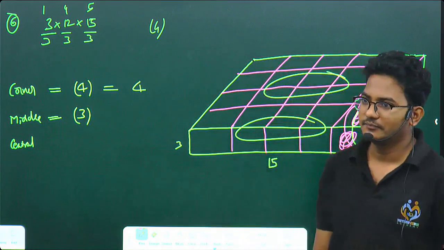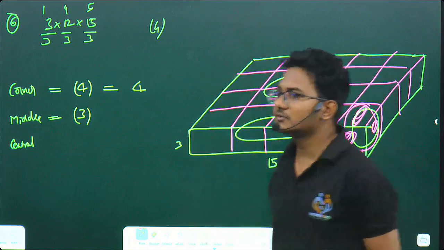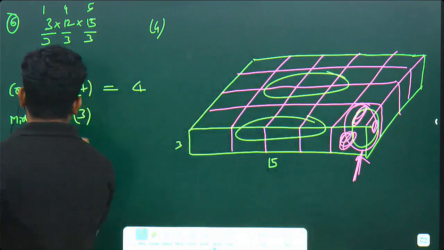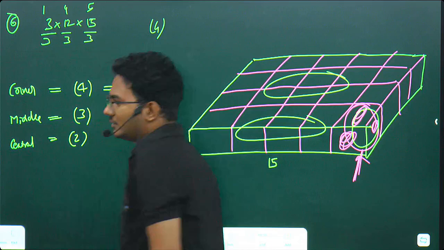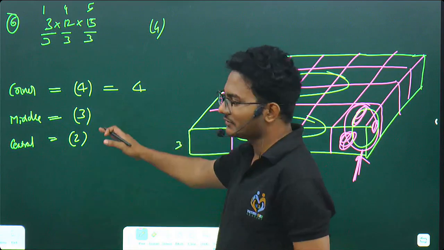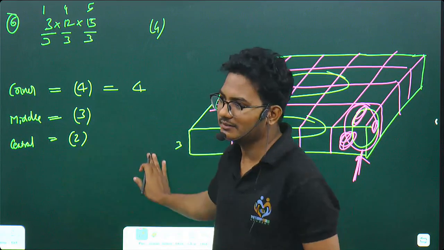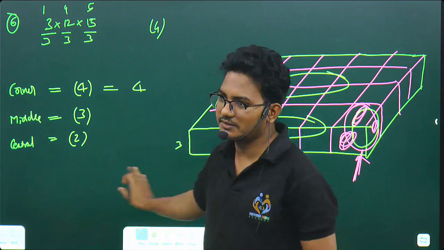And center cubes, 2 surfaces painted. So less than 2 surfaces painted, you won't find here. You won't find 1 surface painted, or 0 surface painted.